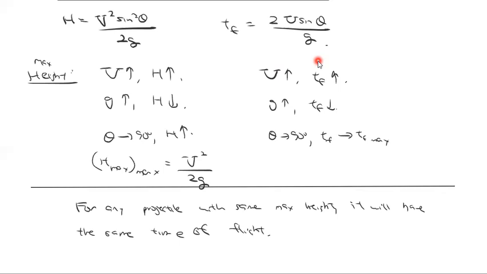You can mathematically prove that there is a relationship between h and t. They're related by a constant. So for projectiles that are launched from the same position and reach the same max height, they'll have the same time of flight. So what am I saying?